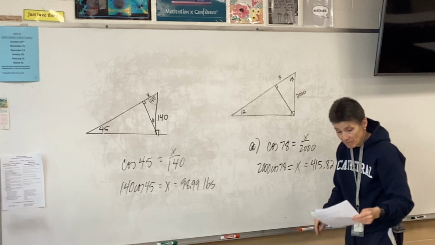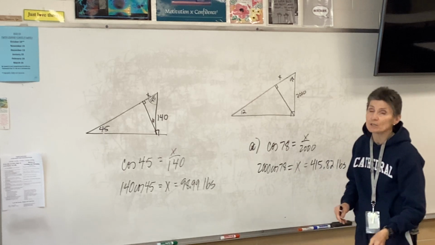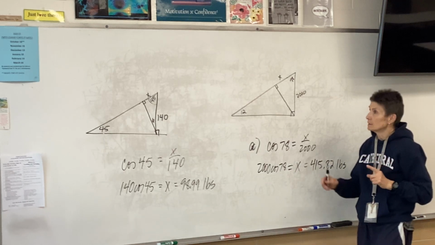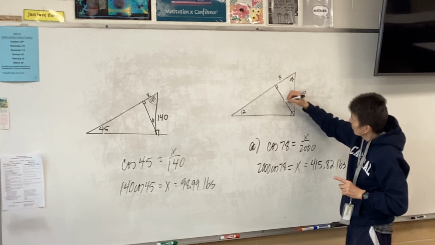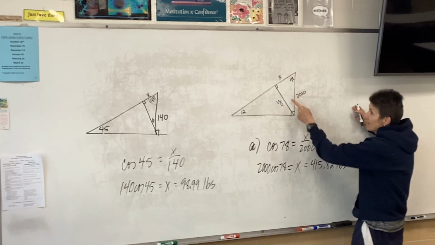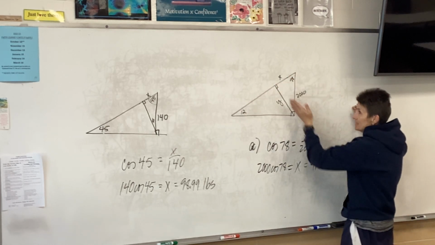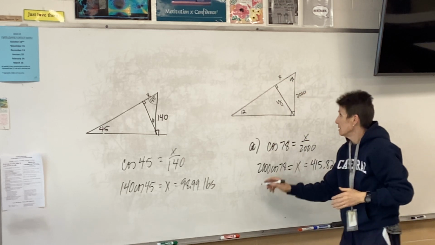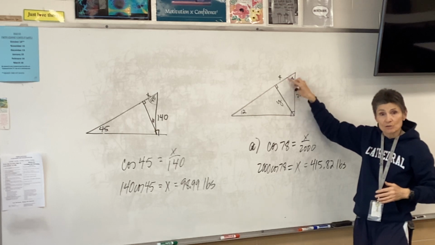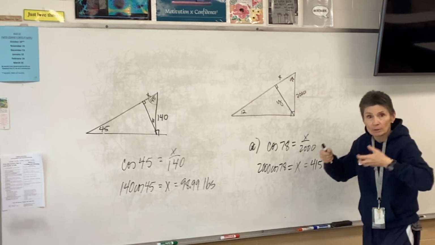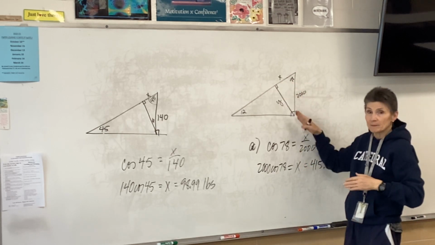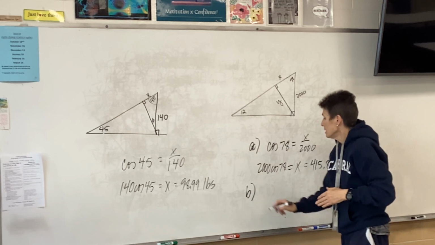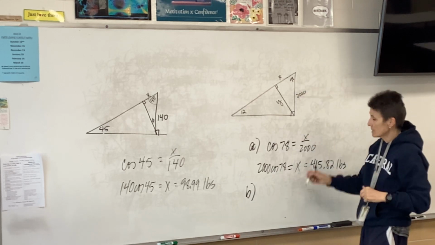Now, find the force perpendicular to the street. That's this, I'll call it Y. Here's the street. This is the force perpendicular to the street. You found the force parallel with the street, because that's how you're pulling it. Now we're going to do perpendicular to the street. So we can do sine.